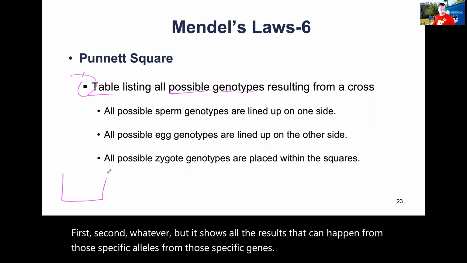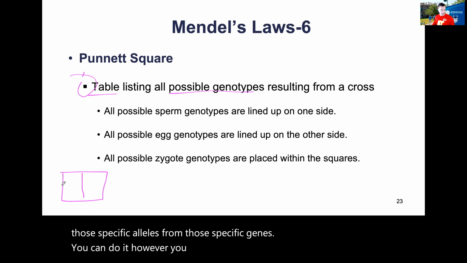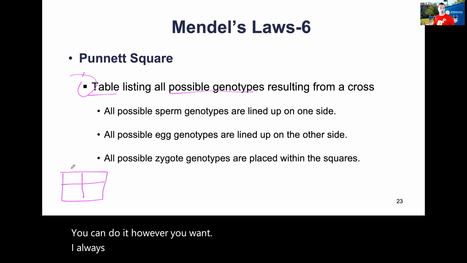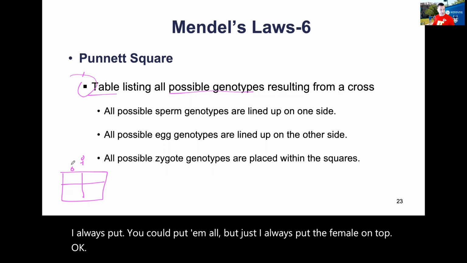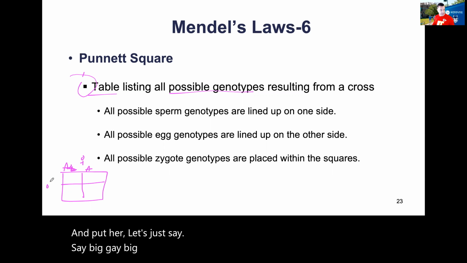You can do it however you want, okay? I always put the female on top, and let's just say big A, okay? And I always put the male on the side, little a, little a.